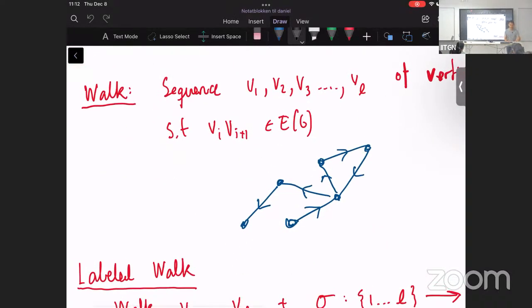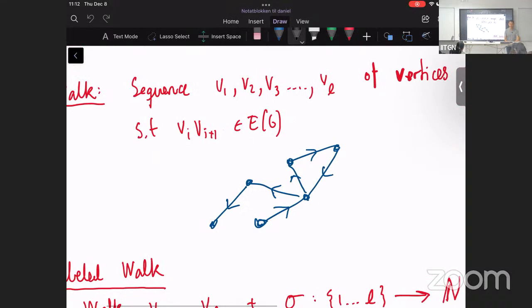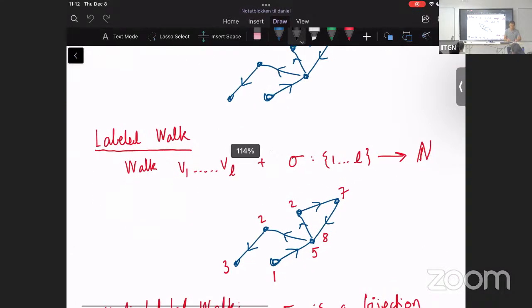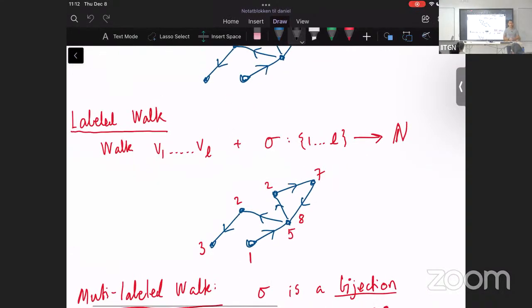A walk is just a sequence of vertices such that every pair of consecutive ones has an edge. So in a walk, vertices can repeat. All right. What's a labeled walk? A labeled walk is a walk where I've additionally given a function from the positions in the walk to the natural numbers.